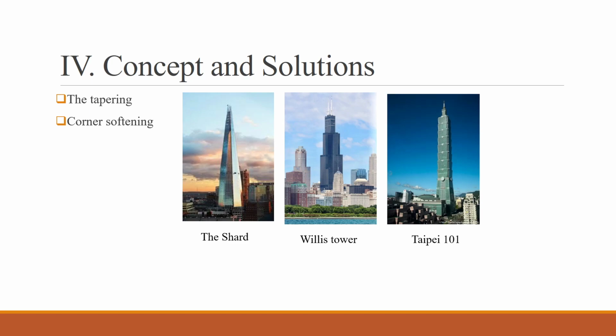Creating a twist in a building form can also reduce the impact of vortex shedding. With every floor offset to the last, the number of lofted areas across these structures is considerably reduced, minimizing or in some cases completely eliminating the locations where vortices can form.